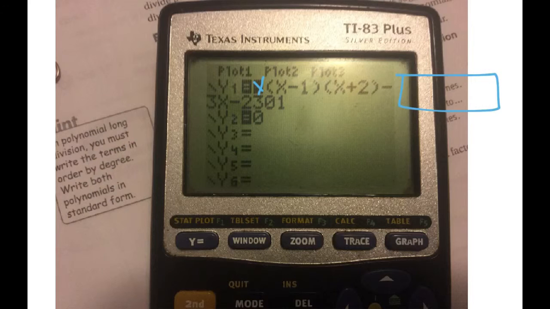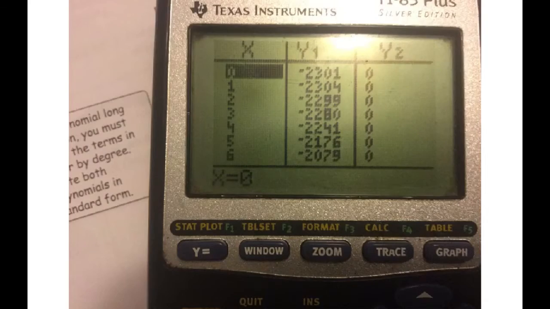So what I'd like you to do is instead go to the table. Since this is a problem about ages, I will remind you of a couple of things. One of them is that the age of Una has to be an integer, so we don't have to worry about the answer ever being a decimal. And the other is that the answer has to be above 0 because you can't have a negative age.